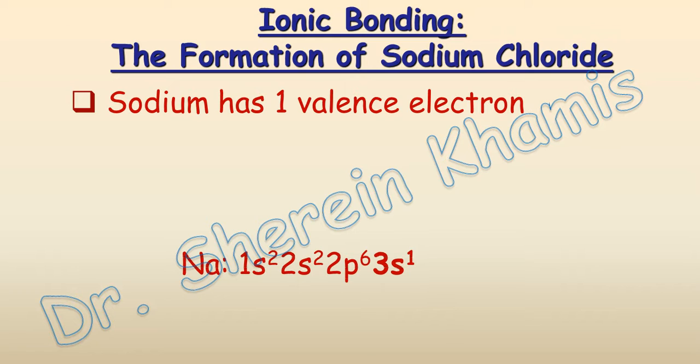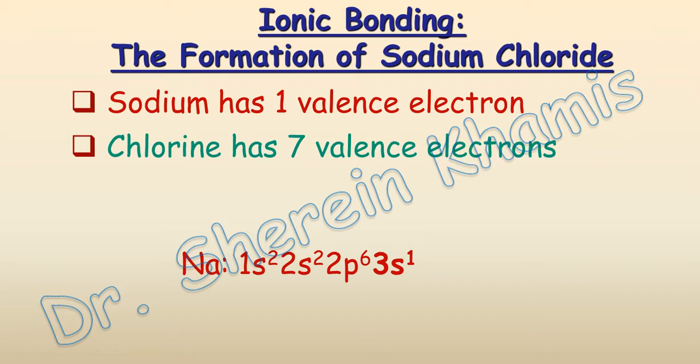So this electron determines the valency of the metal atom of sodium. Okay, we have here sodium, its electronic configuration 1s2, 2s2, 2p6 and 3s1. Here we have the one valence electron, and the other one, chlorine, has 7 valence electrons that need only one electron to complete its valence shell.